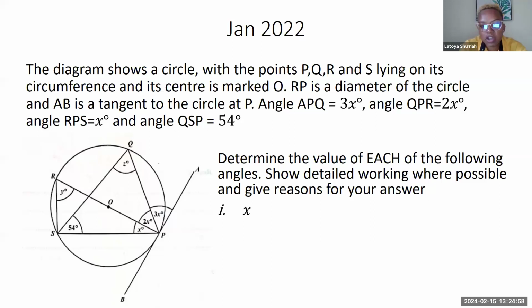Anybody want to take a try? Any wild guesses? How did you get 54, Torian?